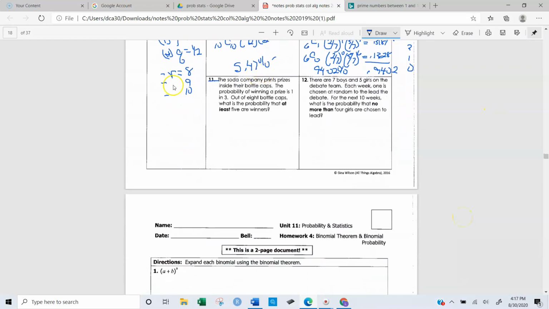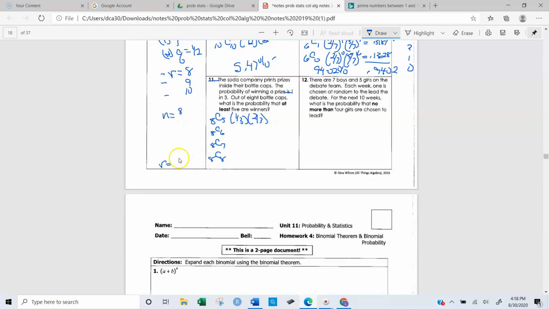Okay, the at least was 5, 6, 7, and 8. So you should have had 8 choose 5, 8 choose 6, 8 choose 7, 8 choose 8. Probability of winning a prize is 1/3. So we have 1/3 for my P, 2/3 for my Q. I should have written this out. N equals 8.